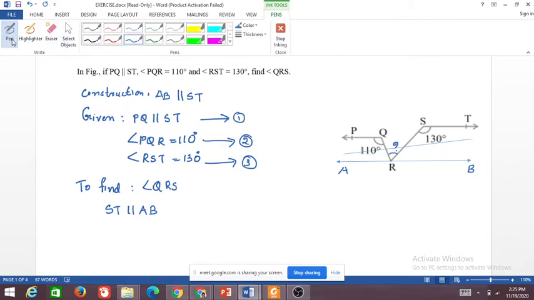Okay, does that mean the line I have drawn, let it be MN? So you just told me that any straight line, this is a straight line. So any straight line between ST and AB will be parallel. So what about this line MN?